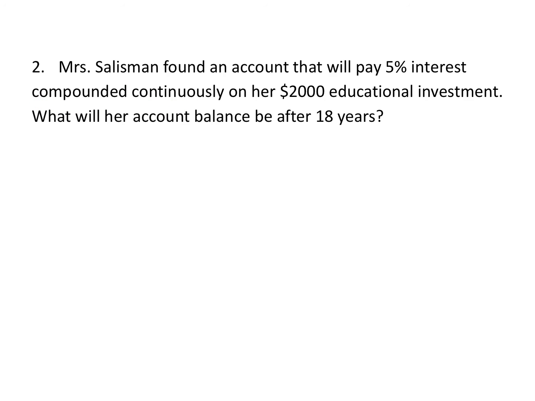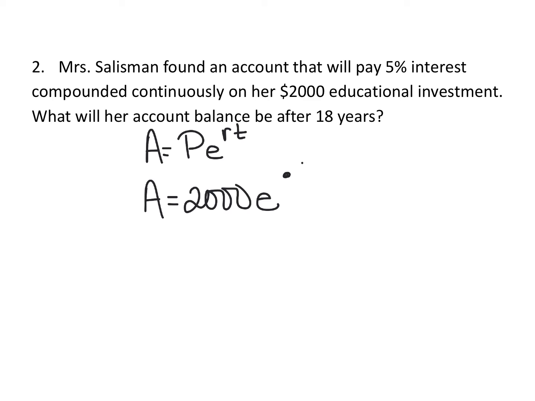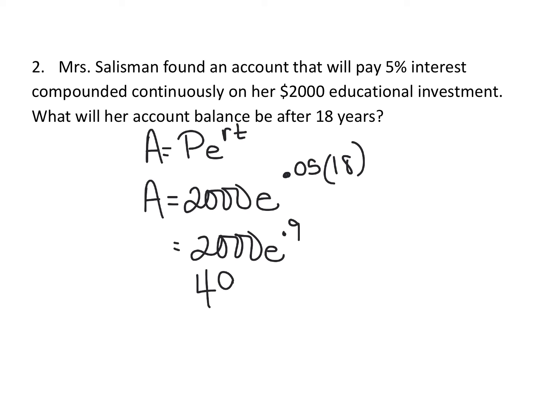Now let's look at the same scenario and consider if it compounded continuously. That's indicating that I'm going to use my continuous interest formula, where I'm using the natural base of e. So P times e to the rt, where P is my initial balance of $2,000, e raised to the rate, which is 0.05, times 18, or 2,000 times e to the 0.9, and that is $4,919.21.